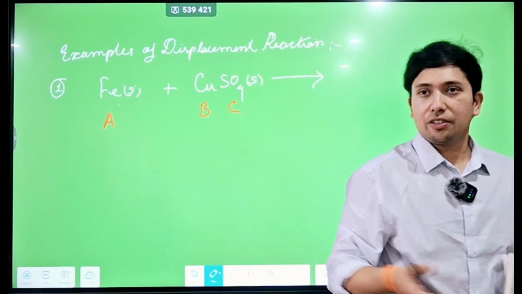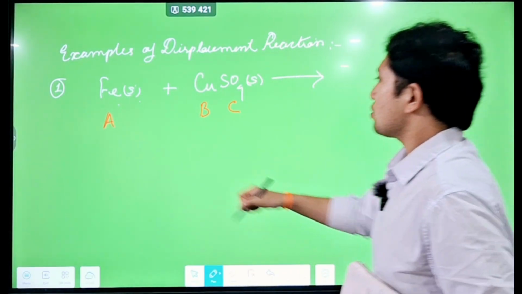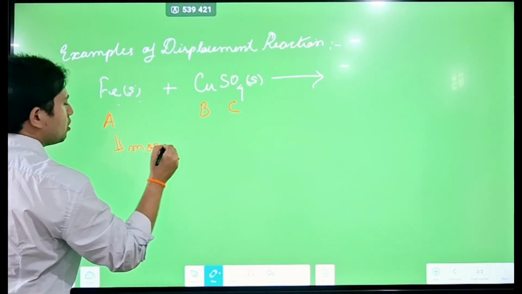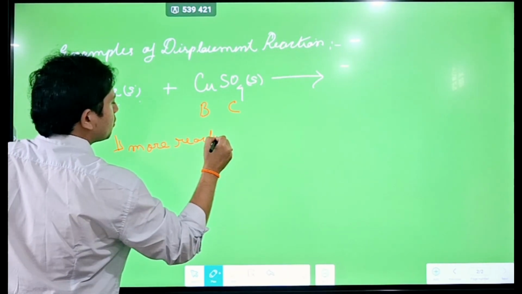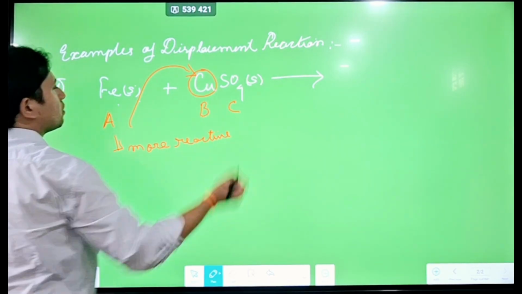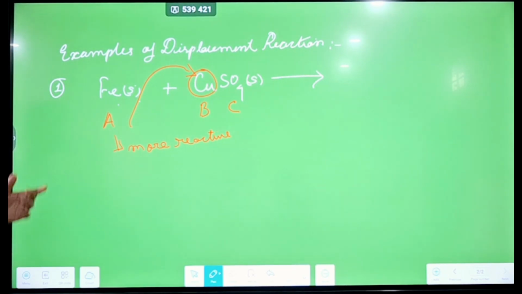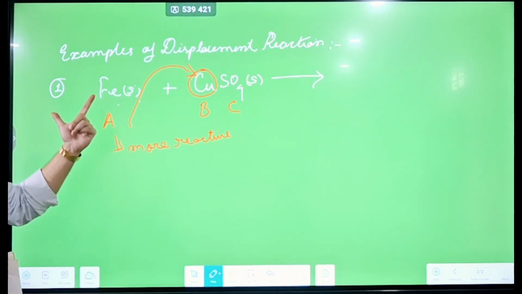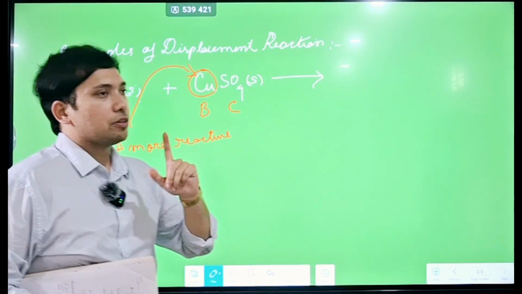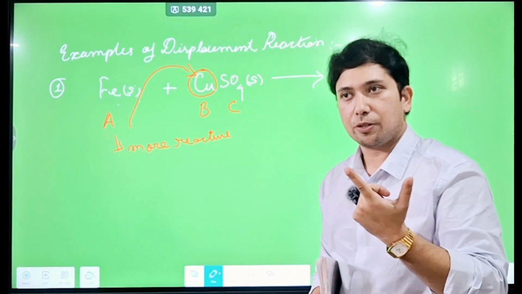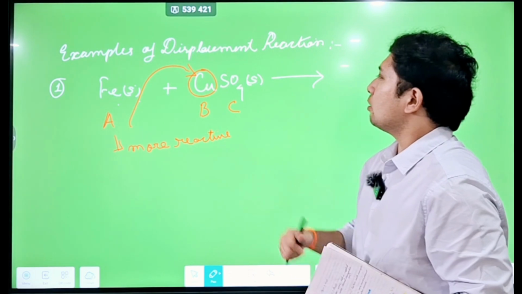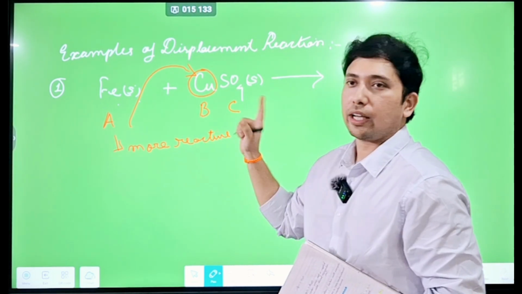Now you can tell how the reaction will move forward. So, iron being more reactive compared to copper. Whenever you see a reaction where iron and copper are involved and iron is displacing copper, then you will automatically know that it is a displacement reaction. Always remember that iron is more reactive than copper.